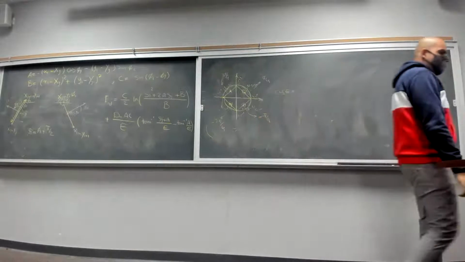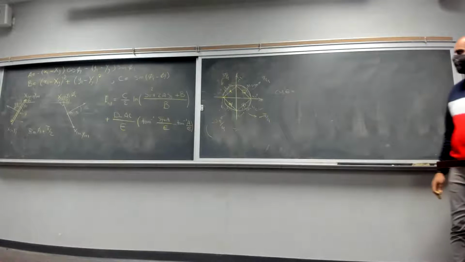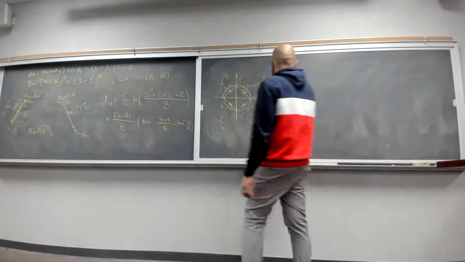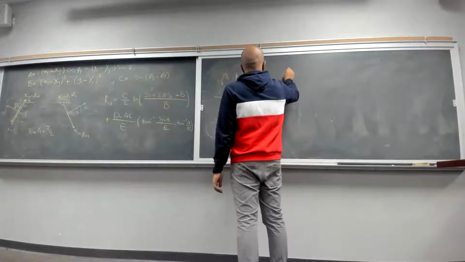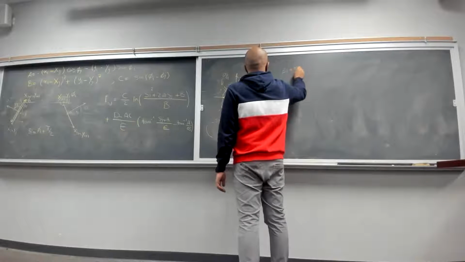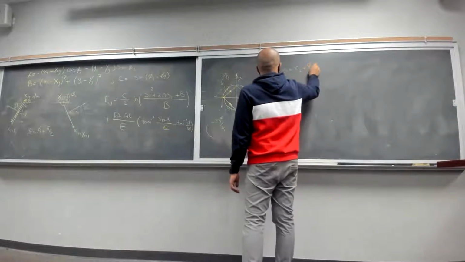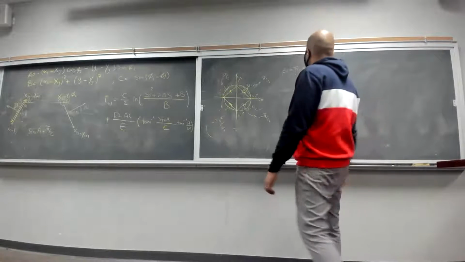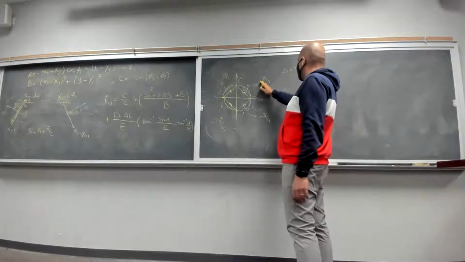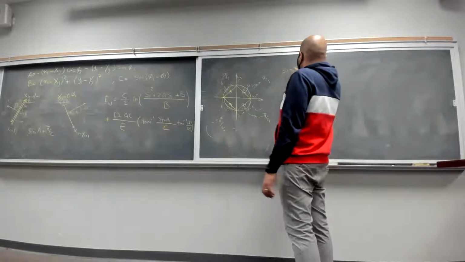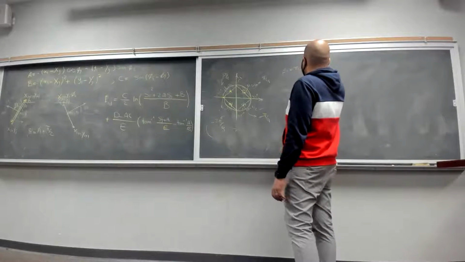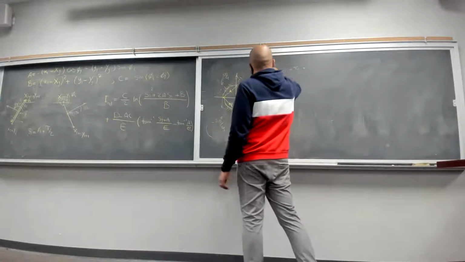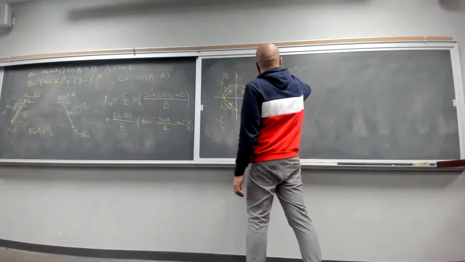And then we need to find the phi for all of them. The idea was beta i is pi over 2 plus phi of i, right? So if you have the beta i, pi over 4 here, then your phi is going to be, for this one, -pi over 4, right?